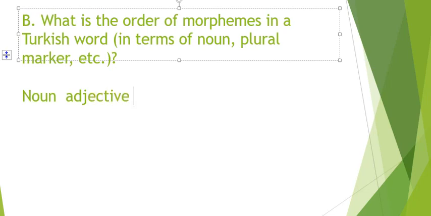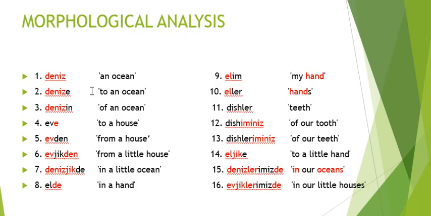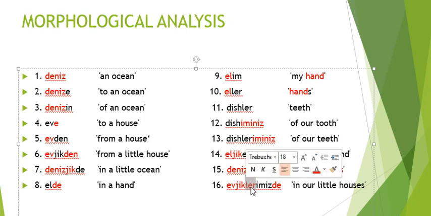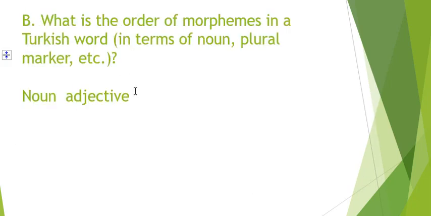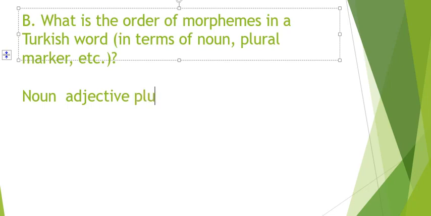And what do you have after the adjective? You have ler. What is ler? What does it represent in Turkish? Remember that this represents plurality, okay? So this is the plural marker. After the adjective, we have the plural marker.